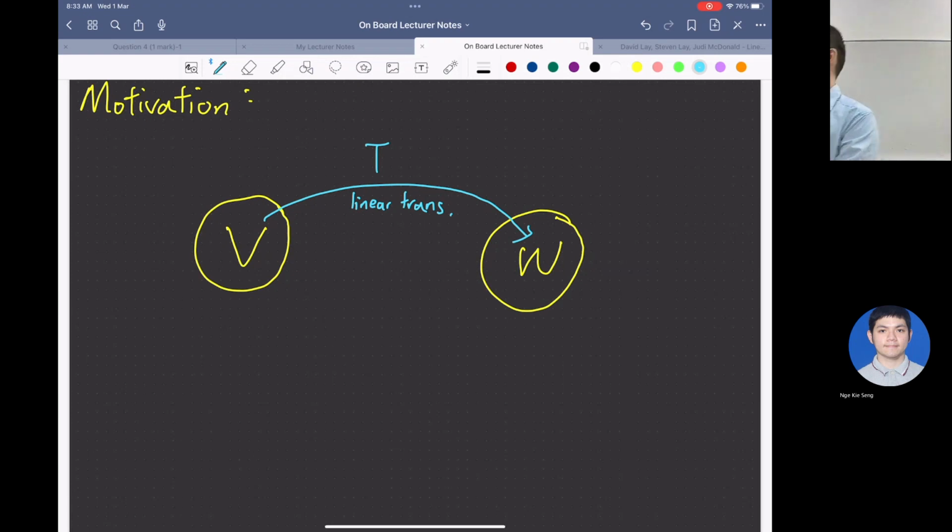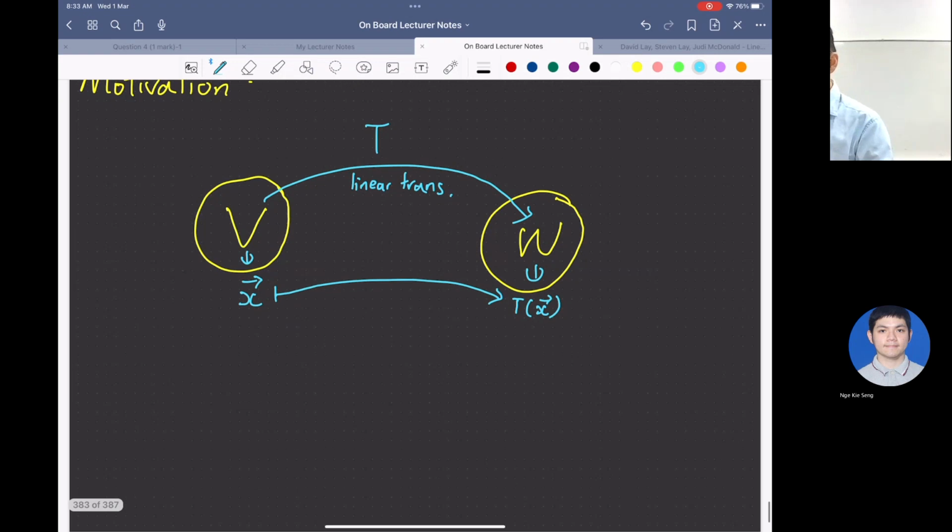Right, so far, okay. I just give a map. So I map a vector here into a vector in W.